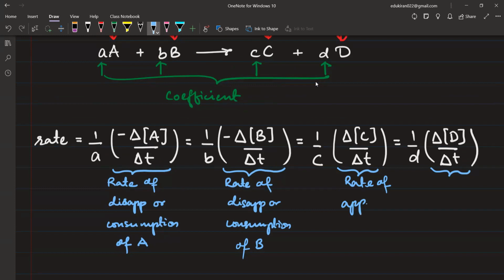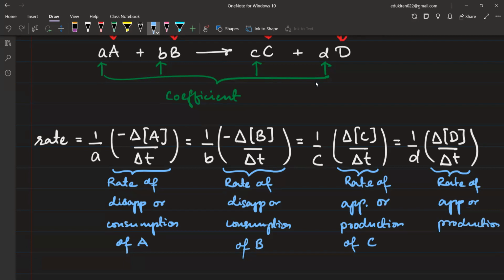Very good. Rate of appearance, APP कर देते हैं, और production or formation. We will use these type of words. Right? Now for D, what should I write? Rate of appearance or production of D.